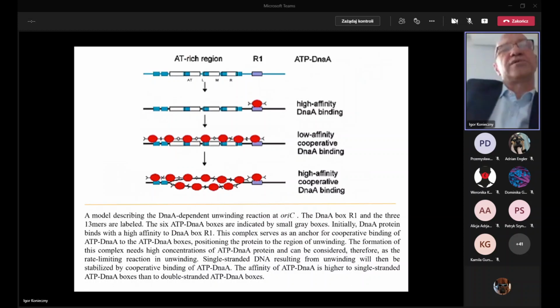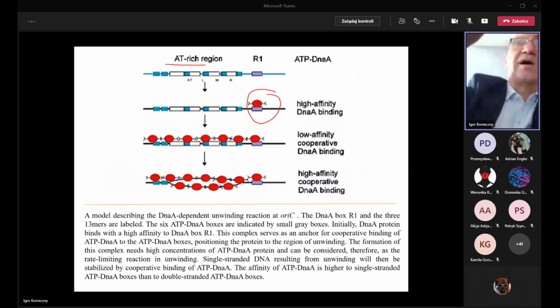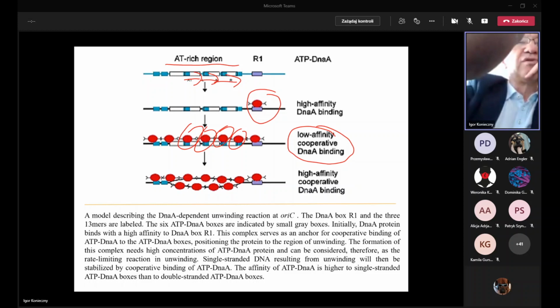He proposed that the DnaA protein can bind DnaA boxes which are outside the AT-rich part of the replication origin with those repeats, but it also forms a low-affinity cooperative DNA binding within the AT-rich part of the replication origin.